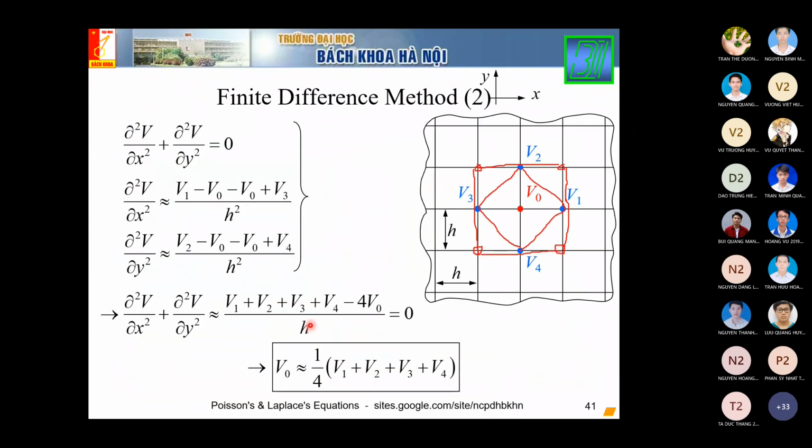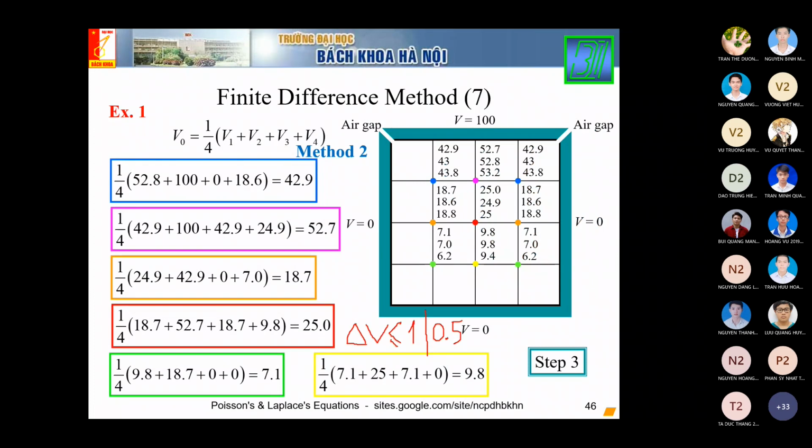This one should be S square, not H. Sorry for my typing error. Okay, this one is S square. Are you right? Yes.